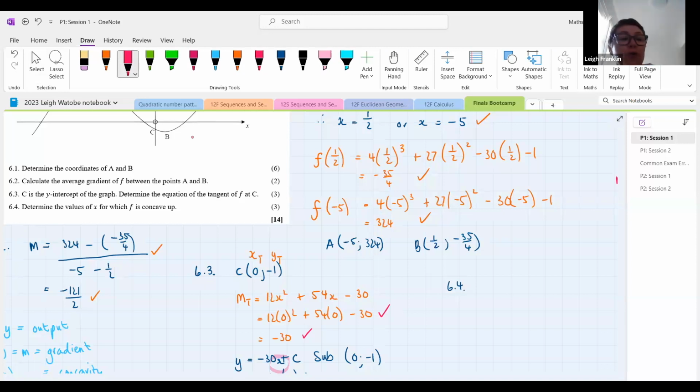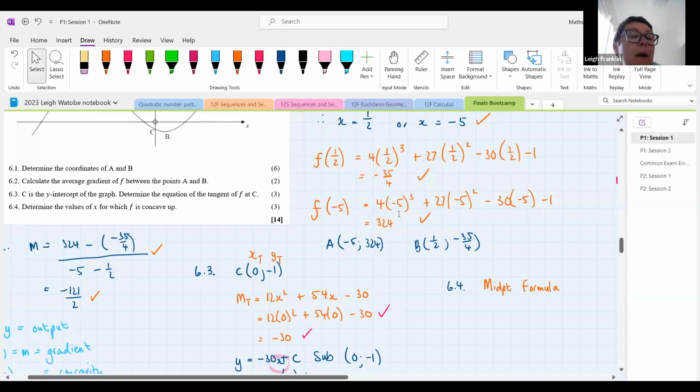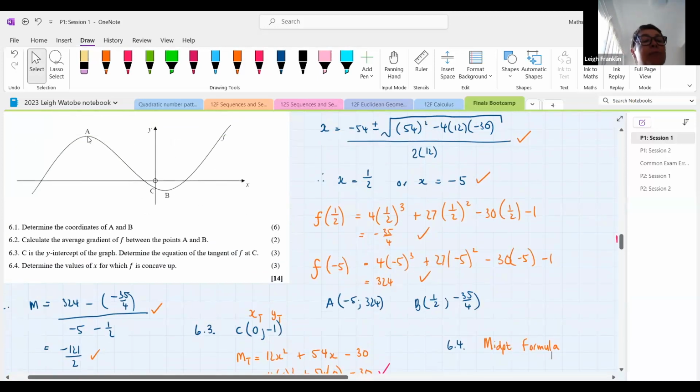Okay, so our 2 methods for calculating the value of x for which f is concave up. The first method that you can use is the midpoint formula, because your point of inflection, which is where your graph changes from being concave up to being concave down, is always halfway between your 2 turning points.